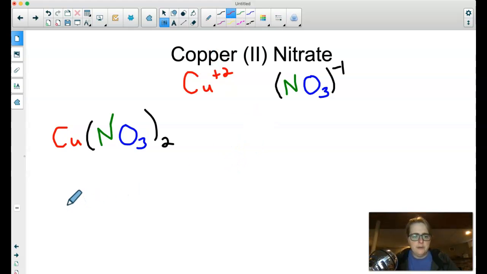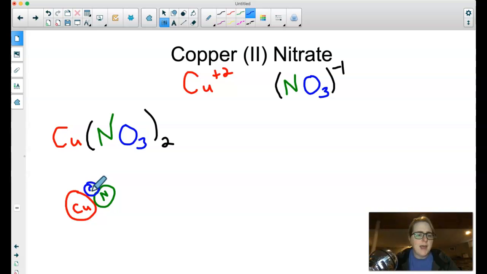The next thing I want to do is a particle diagram, where I'm showing each of the individual atoms that make up a copper 2 nitrate. Now, even though we're starting to think in terms of moles, these ratios are the same.